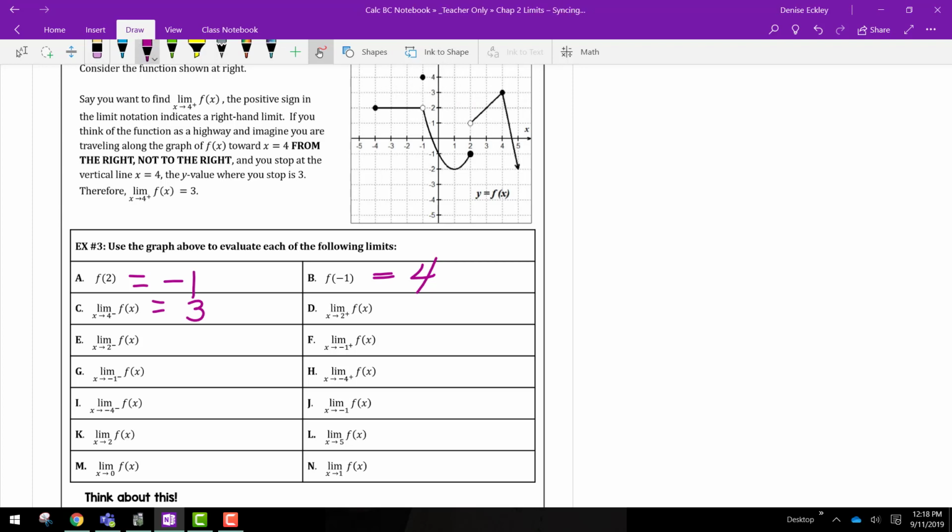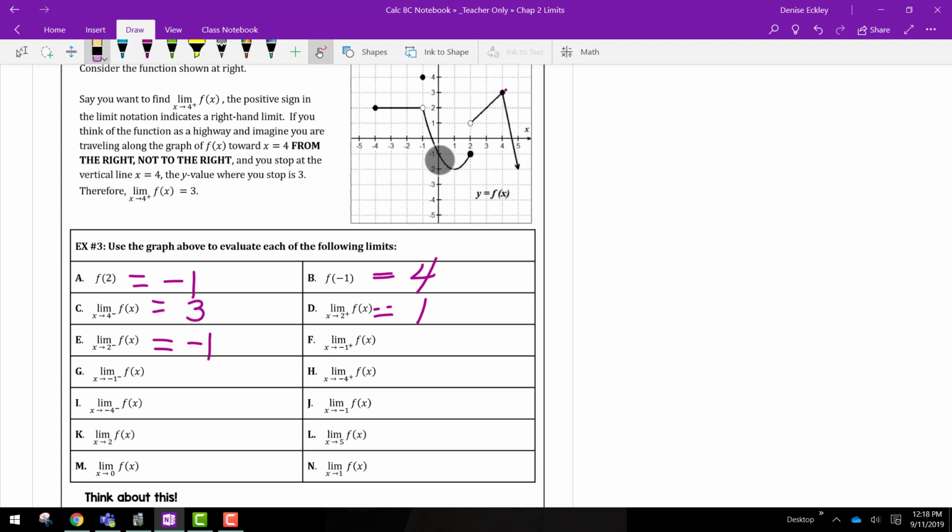So I want to approach 2 from the right. So from the right-hand side, I'm going to trace the curve down here, and I end up close to the value of 1. Okay, 2 from the left for letter E is now I'm going to trace the left side of the curve as I approach 2, and I end up right there at -1.